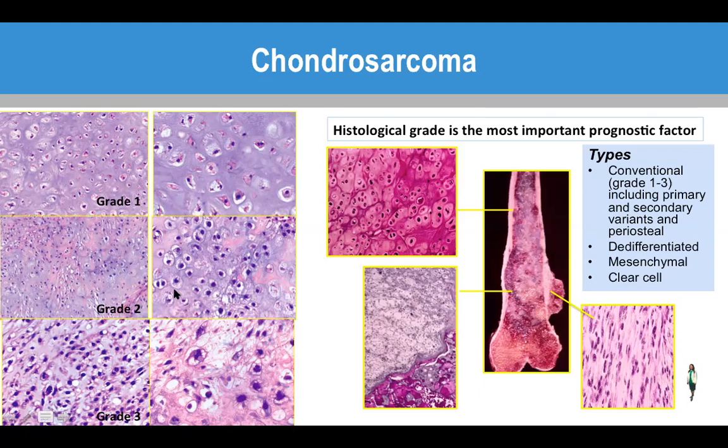The tumor grade for conventional ones has grades 1, 2, and 3. I try to use the example of renal cell carcinoma grading to compare with chondrosarcoma grading. For clear cell renal cell carcinoma, if you can see the nuclear pleomorphism and the prominent nucleoli under low power, that's grade 3.